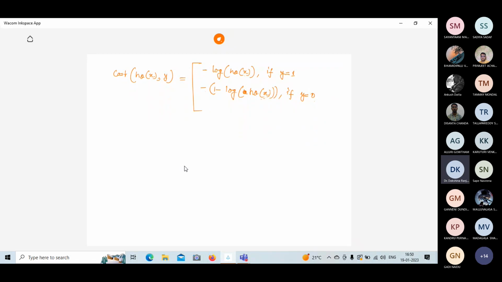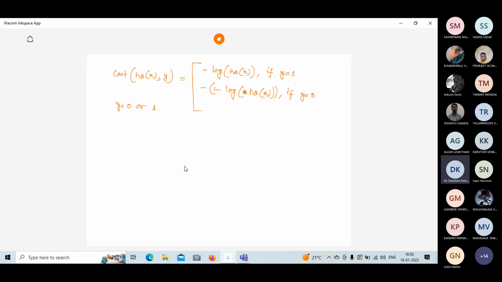Now we can observe that y equals 0 or y equals 1 is always true for this cost function, so we can get the cost function in a combined form.